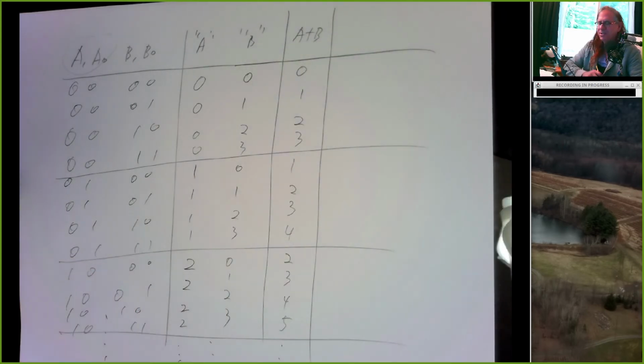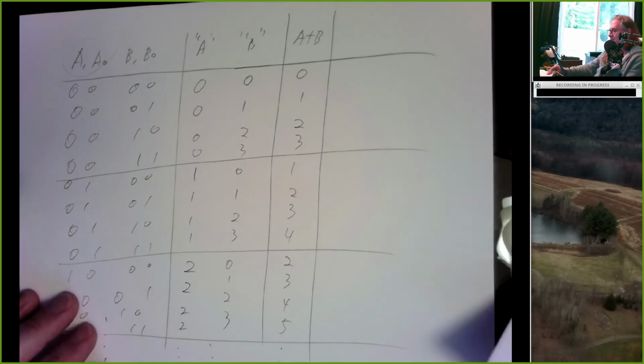Well, what's the largest sum I can have if I'm adding 2 2-bit numbers? What's the biggest my sum might end up being? Two bits, so not 2 decimal digits.